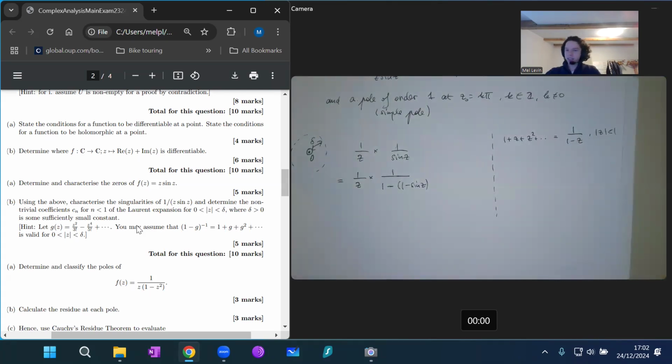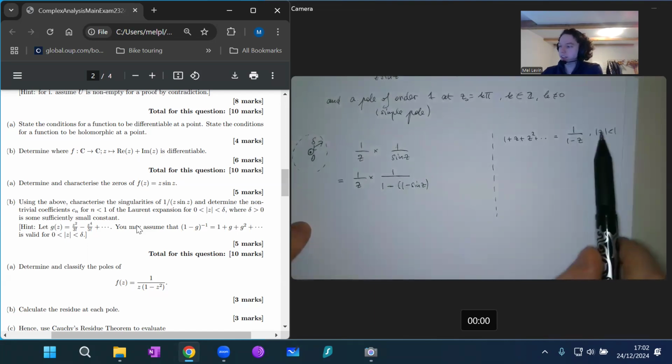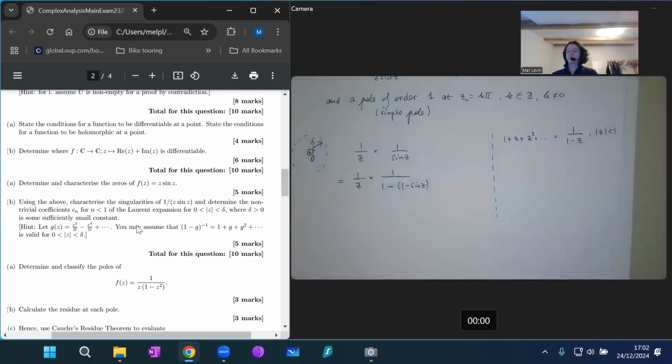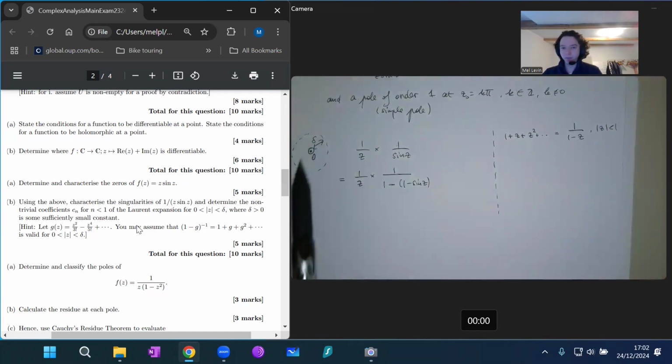They're kind of granting us that we can assume there exists a delta small enough so that if z is in size less than delta, then 1 minus sine z is in size less than 1. So basically, in this domain, we can use the expansion.